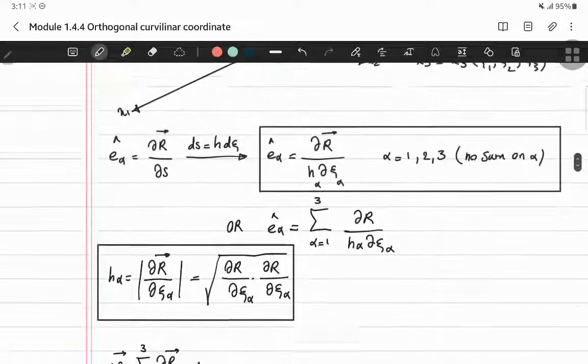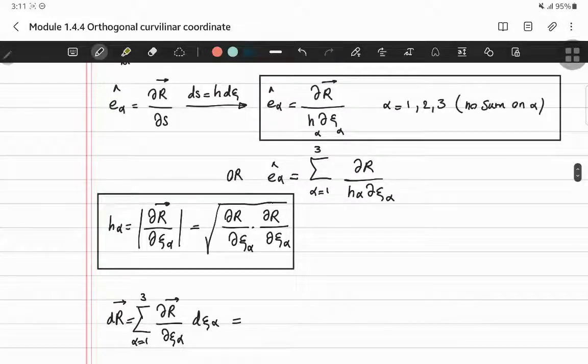If you recall from this black triangle, you know that this can be written as, so I just suppress this, E alpha, H alpha.